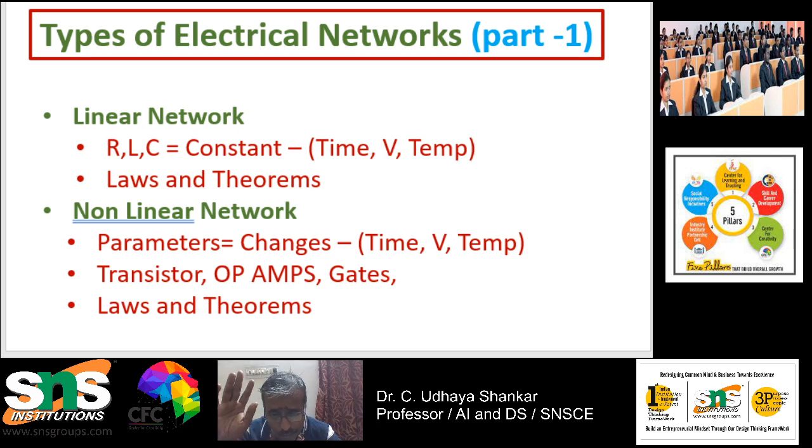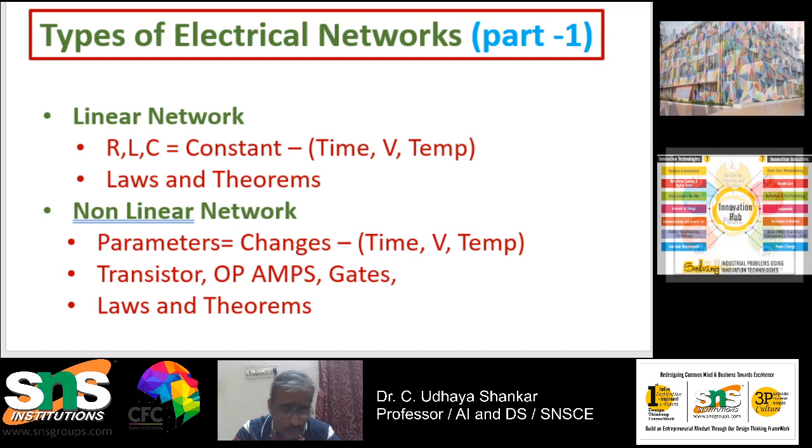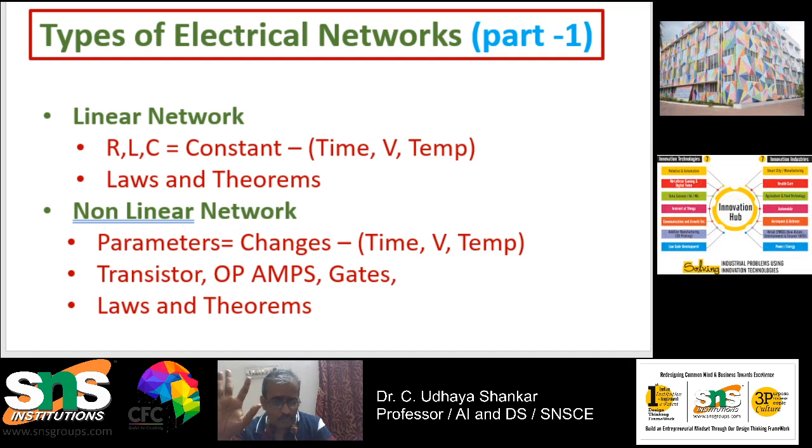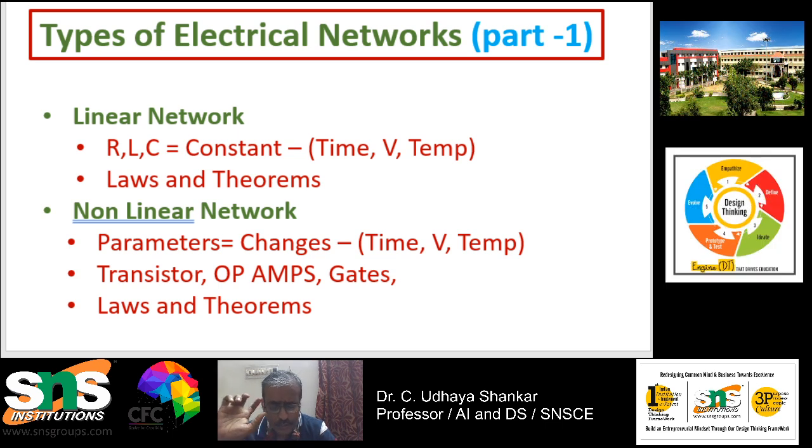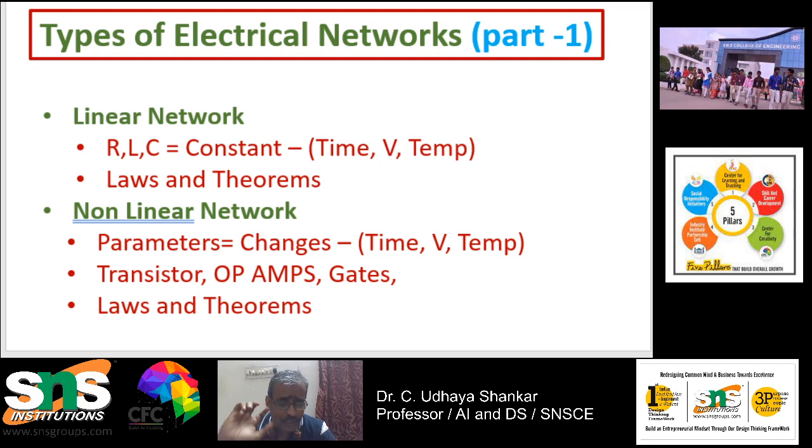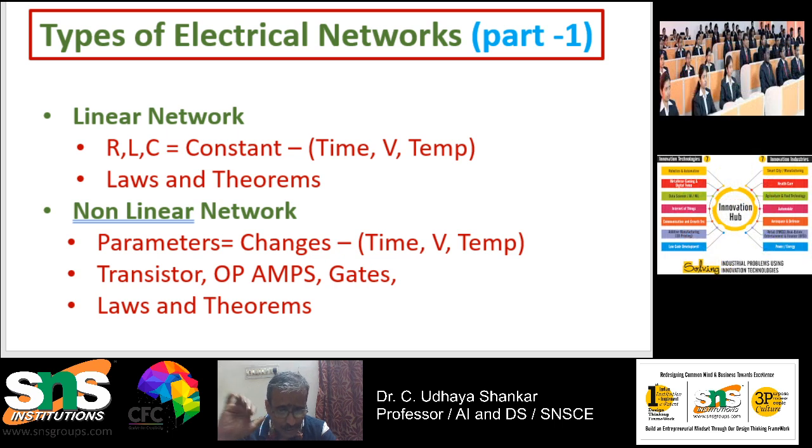If you operate it at 500 volts, it is still going to be 5 ohms. So the resistance, inductance and capacitance values are not going to change with respect to time and voltage. Hence a network having only resistance, inductance and capacitance is called a linear network.